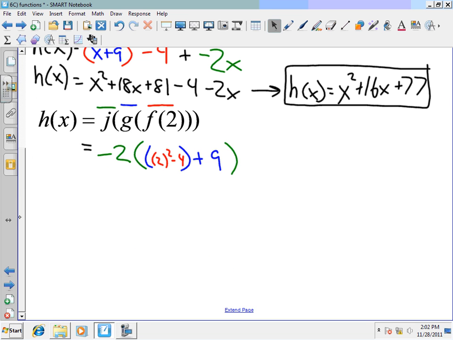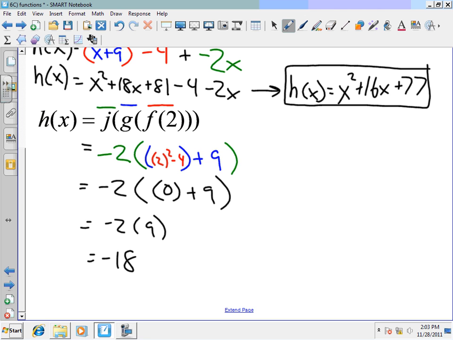So if we look at this example here, we can just go ahead and simplify this. Okay? So again, I'm just going to take a couple steps here. -2 on the inside here, we have 4 minus 4, which is 0, plus 9. And that's just simply going to be 9. And we have -18.